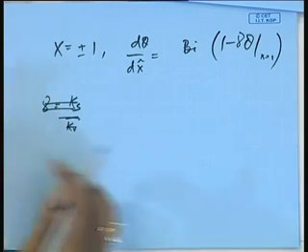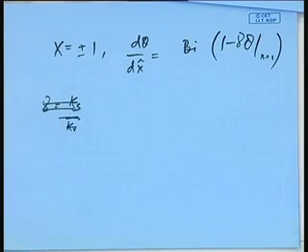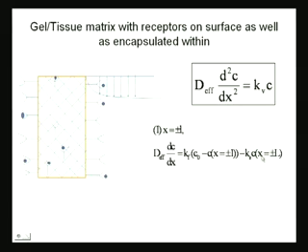Okay, is it clear? Let me go back and show you, then it will be clearer. Again, here, if you look at this equation, this is kf times c naught minus c at plus minus 1, minus ks times c at plus minus 1. What I am trying to say is that these are two same variables, and you can club them.